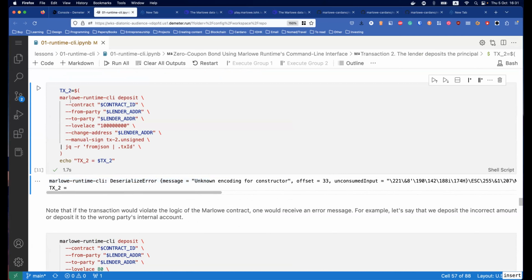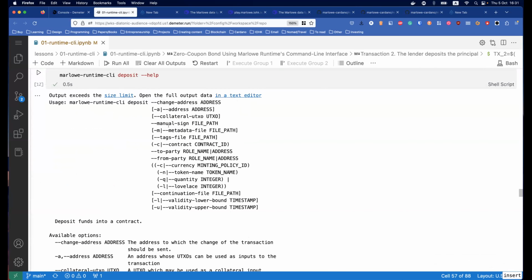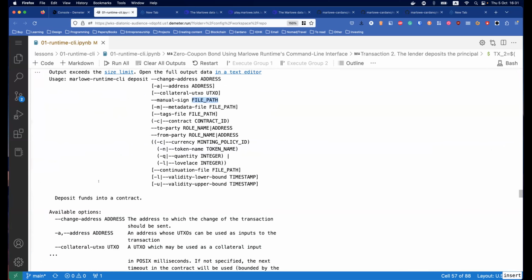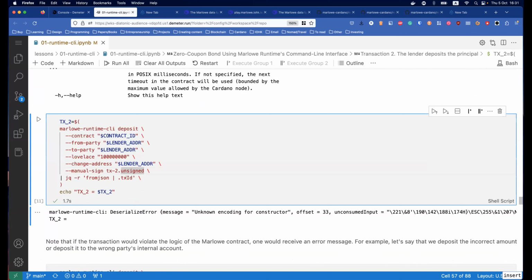Let's see. Marlowe deposit. A bit strange. From party to party. The manual signed. I think I don't have this tx2 unsigned file path. So that's, no, I think this one should create the file, right?